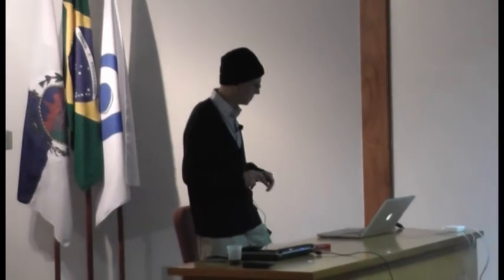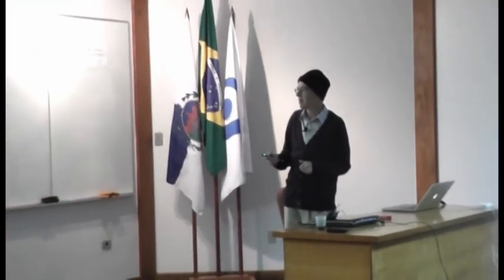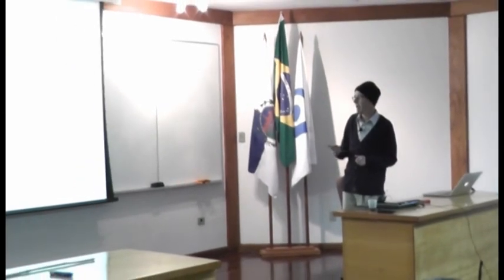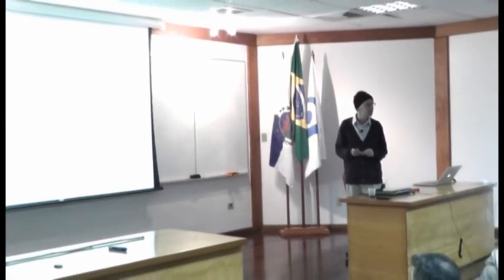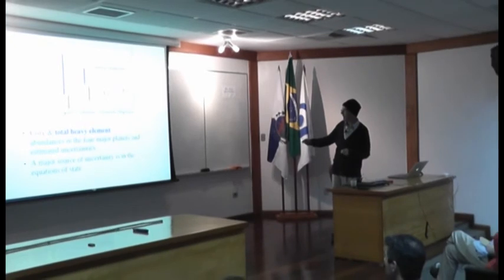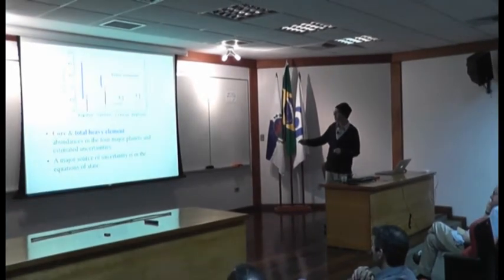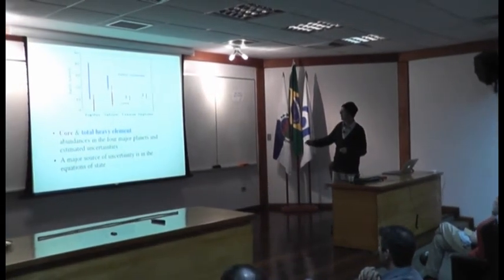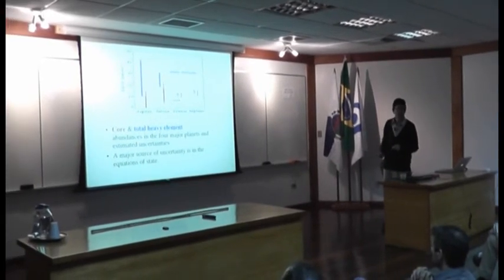Now with the giant planets, we can estimate the heavy element constituents of the giant planets, and the total heavy elements is the blue. The part that is in the core is the red.